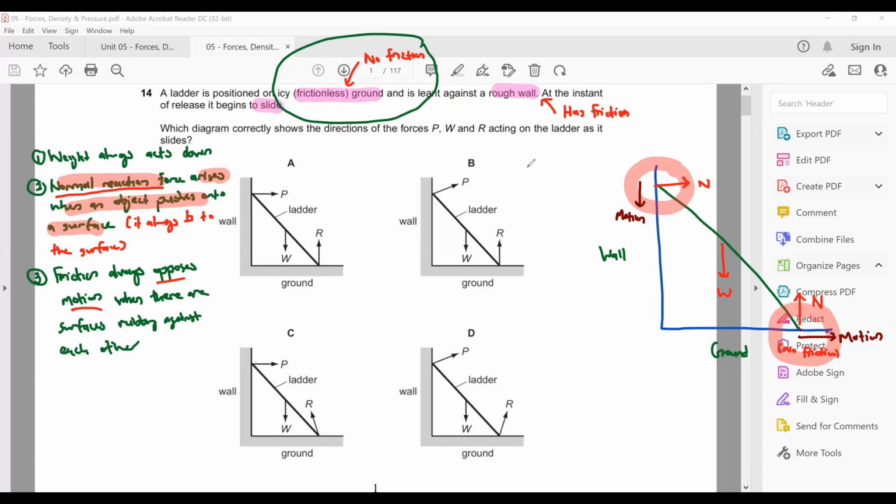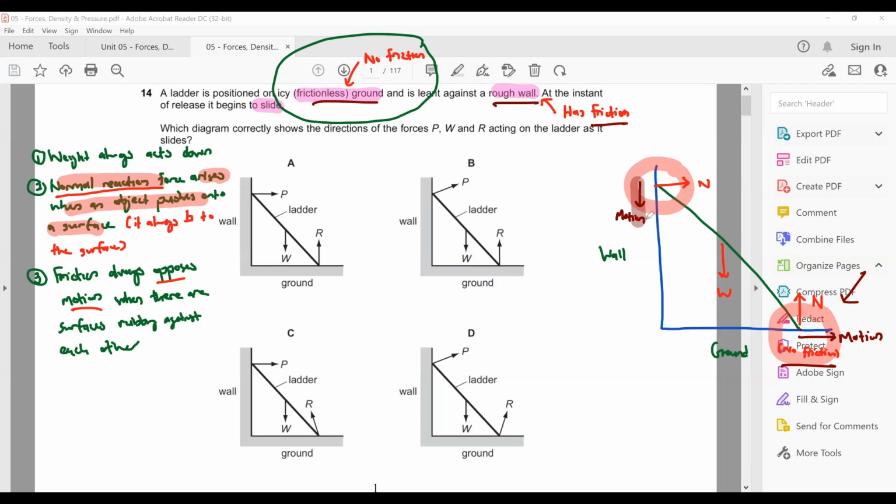Okay, so now I want to identify whether there's any friction. I already told you that the bottom end here at the ground has no friction because it's a frictionless ground. Okay, so I know that there is no friction here. But what about the case at the wall? The wall is rough. It therefore must have friction.